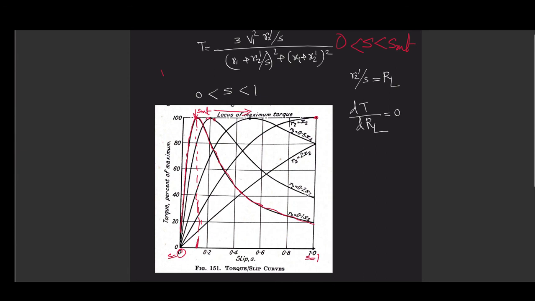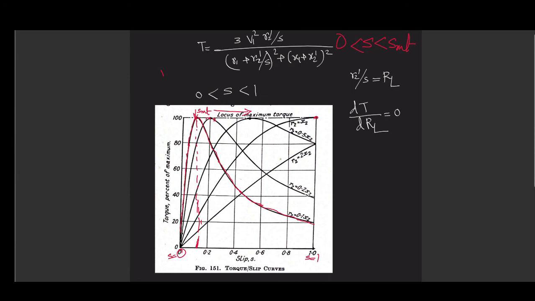So from that perspective, your air gap power has nothing to do with your rotor resistance, right? You may argue that a higher value of rotor resistance can reduce the current and thereby reduce air gap power.